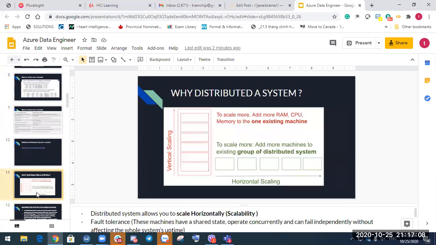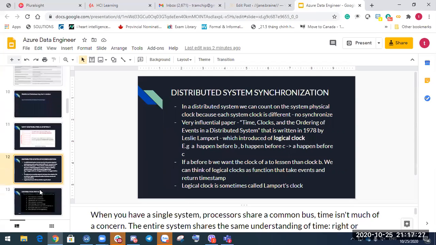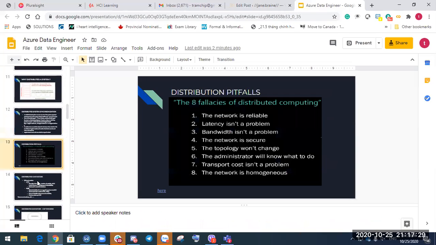The same thing goes for distributed systems. The architecture will be almost similar regardless of the cloud that you use. So study this one by heart, and this is the reason why I separated this section from the Azure training content. We'll go through distributed systems, synchronization and the pitfalls.